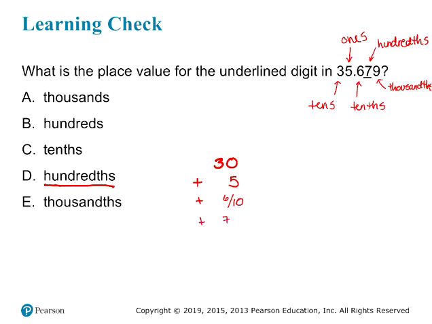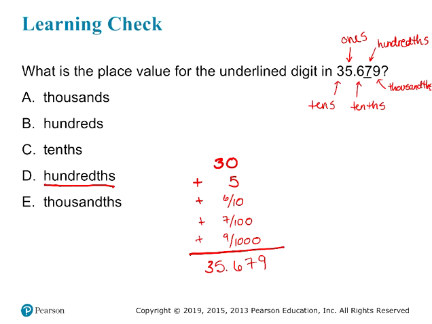And then we've got 7 out of 100, so that's the hundredths place. And finally, we have 9 out of 1,000, so that's in the thousandths place. So if we add all of these together, we get 35.679.